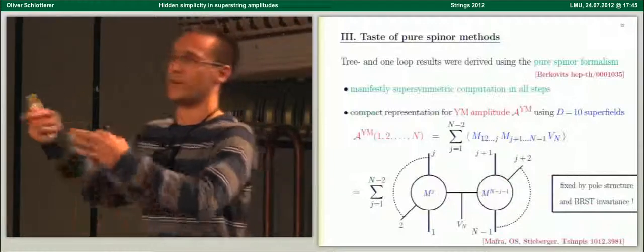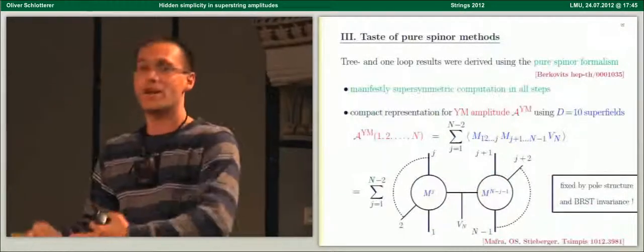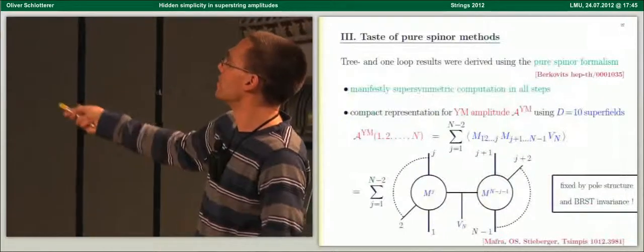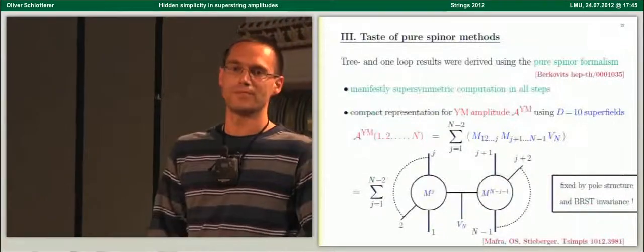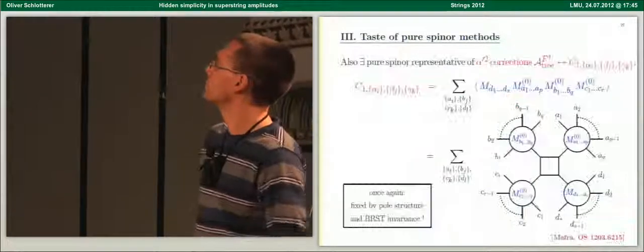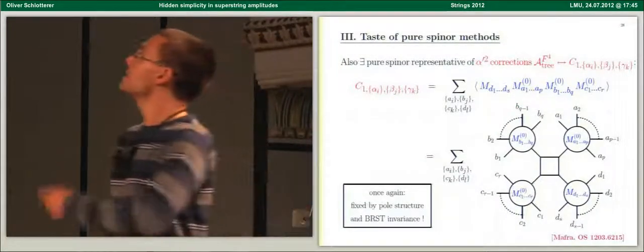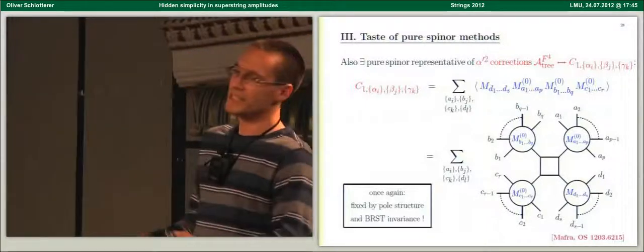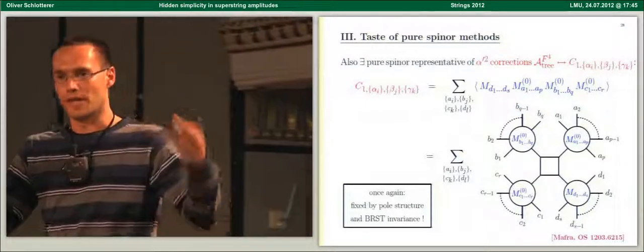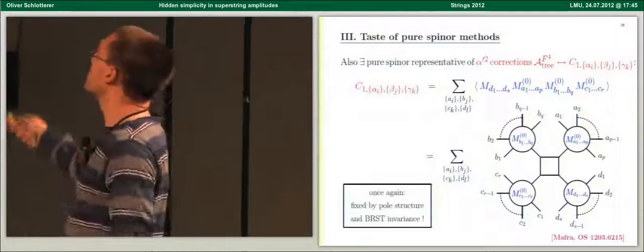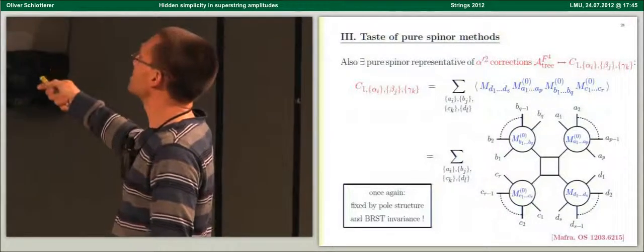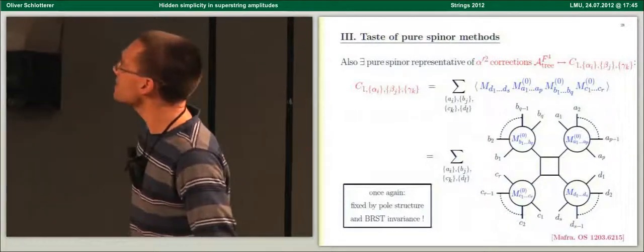And now for the stringy tree-level computation, the task was to identify these sets of superfields within the CFT correlator. And this turned out to be possible. Now a similar story applies to the one-loop amplitudes. The kinematic ingredients are these AF4s, or the equivalent basis of C objects. And for both of them, we have another representation in terms of pure spinor superfields.